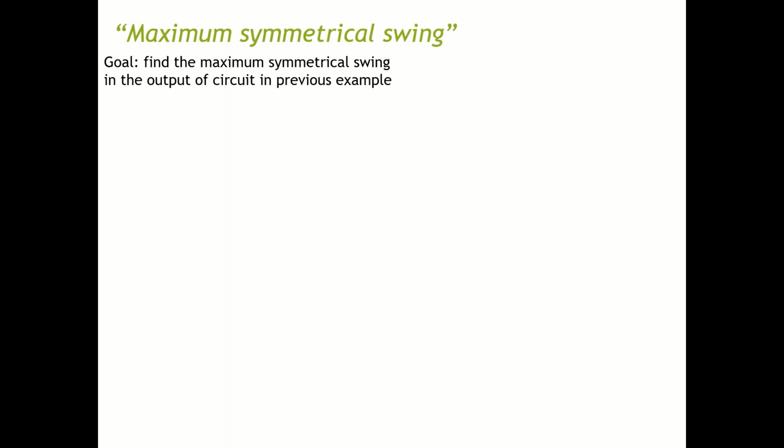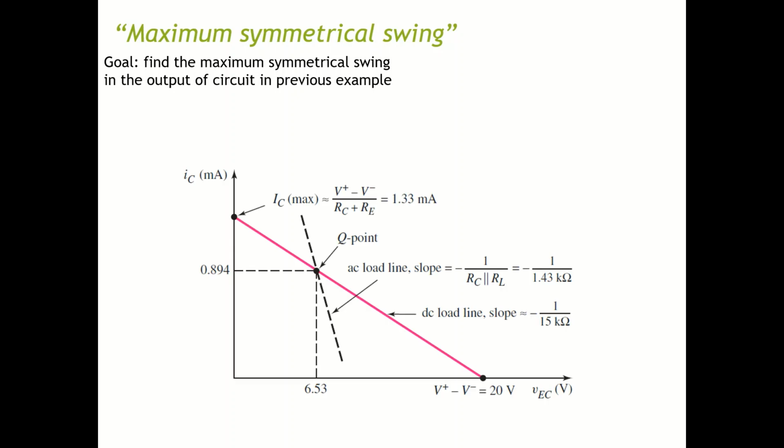Okay, so finally the last topic is the maximum symmetrical swing. The goal is, let's go through an example, and let's find the maximum symmetrical swing in the output of the circuit that we just analyzed in the example. To start with, we actually need the load line that we just found here. Basically, we have to see how the collector current swings.